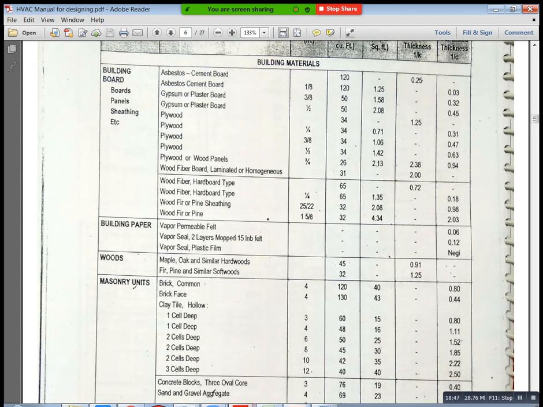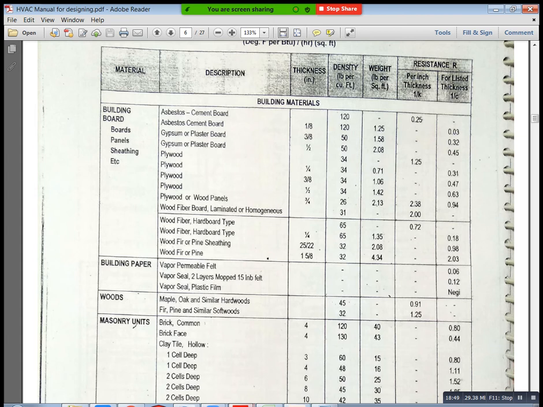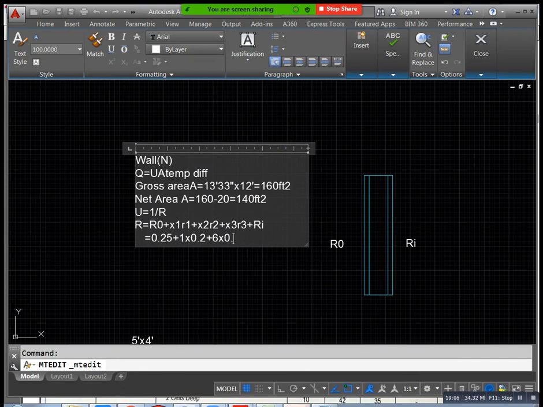Now you can mention plus X3, 1 inch cement plastering into 0.2, plus RI, which means you will consider the inside air film resistance, you can mention 0.68. Now you can mention here 0.25 plus 0.2, 1 into 0.2.